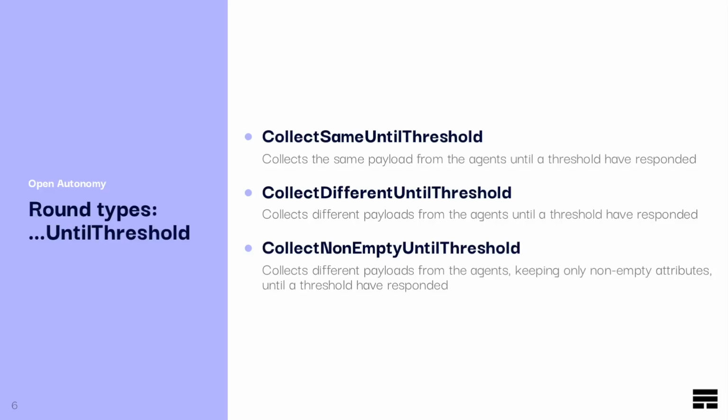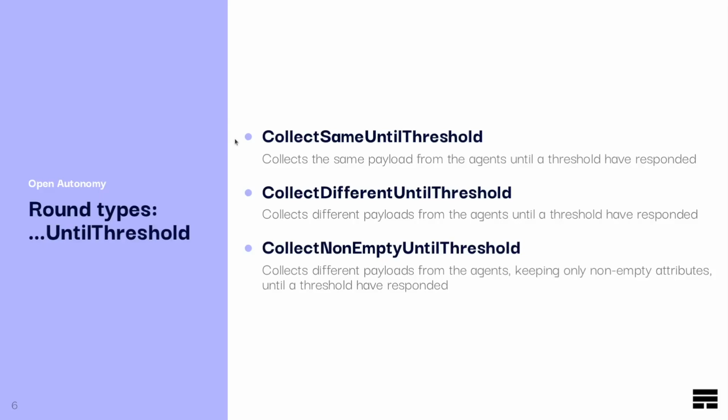The reasoning for this is that the service could have some sort of malicious agent, some agent not following the protocol, or some agent that is down or not responding for any reason, like for example network congestion. So in this case, the service logic, the business logic, will still be able to process as long as a threshold of agents have responded in this particular state.